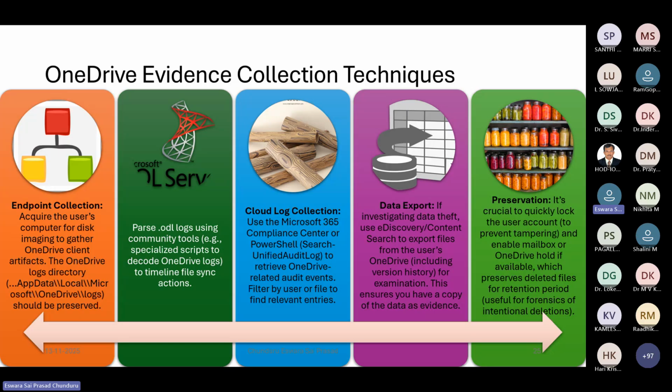And then coming to the preservation, as we have mentioned, for local machines, preservation is not a big challenge. We can go for forensic imaging, and the forensic imaging will provide us a preservation scope. With respect to cloud-based scenarios, the data will be present by default for 90 days.